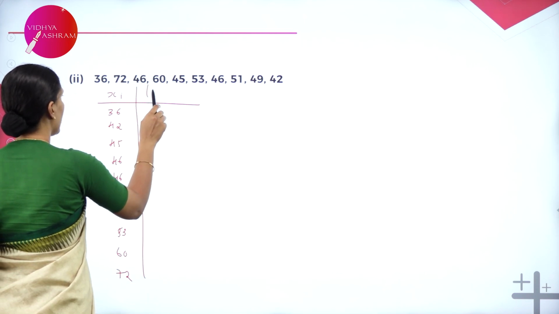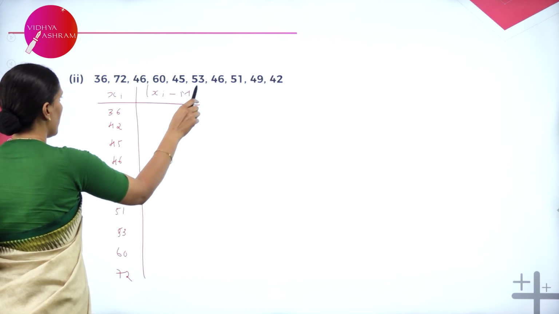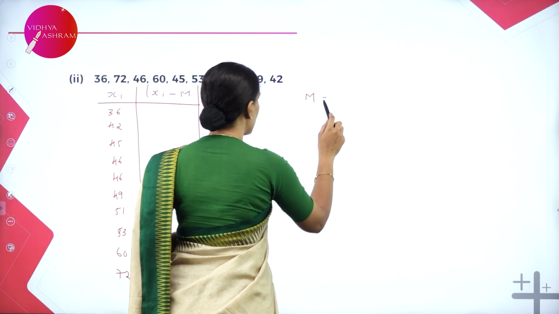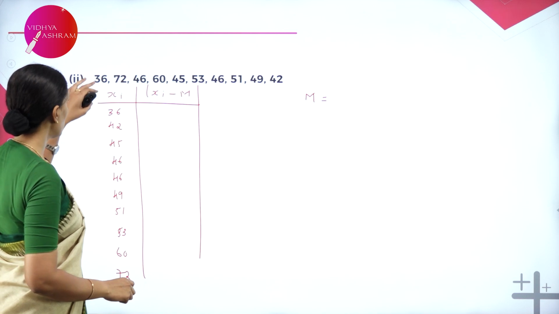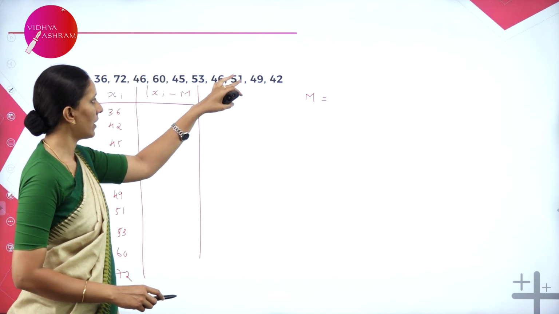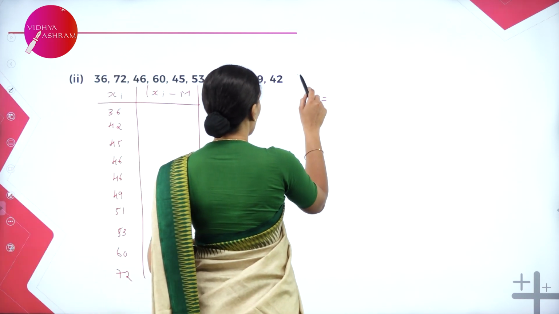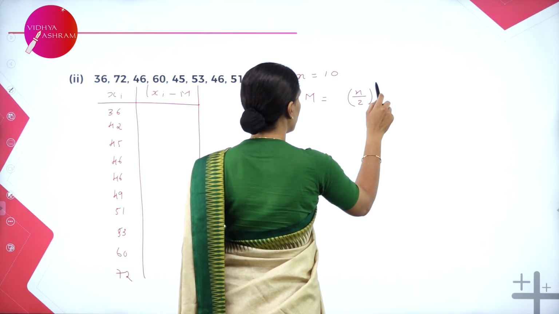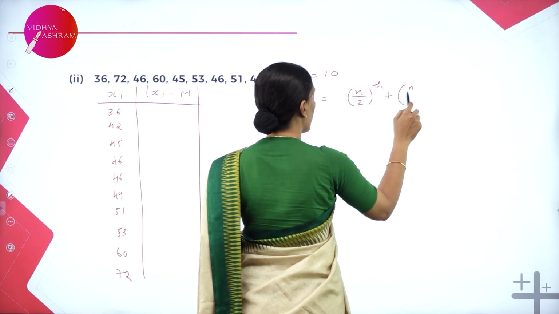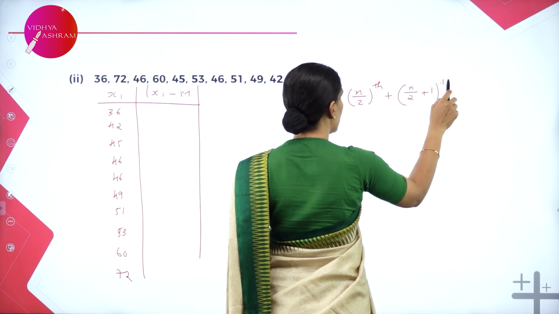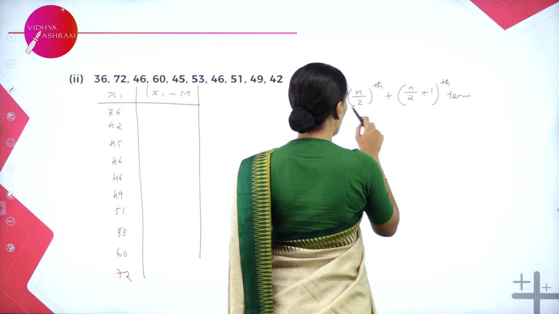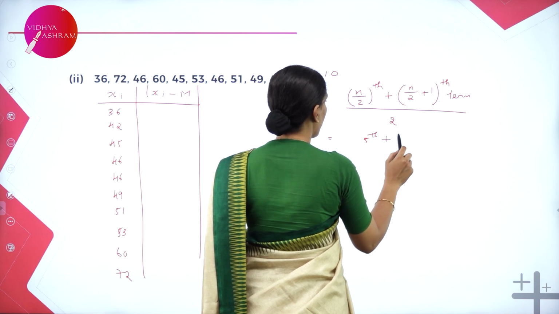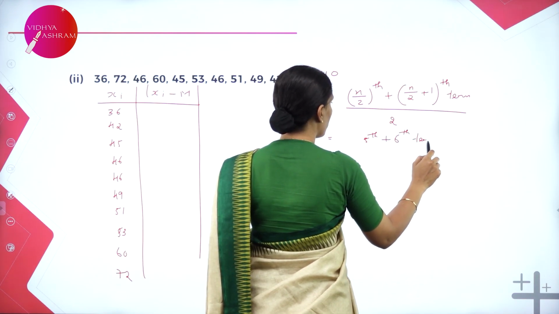So let's take here in the form of xi minus m, but let us calculate m now. So m is always, count the number of observations, 1, 2, 3, 4, 5, 6, 7, 8, 9, 10. So here n is equal to 10. So therefore median is n by 2th plus n by 2 plus 1th term whole divided by 2. So n by 2 means 5th plus 6th term by 2.